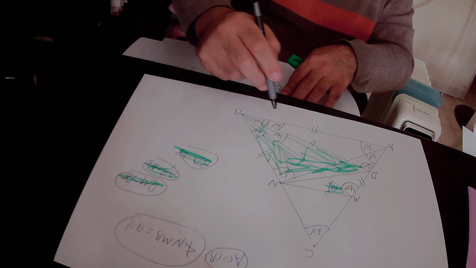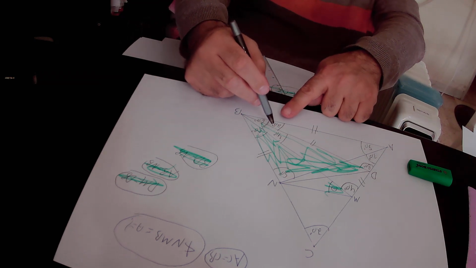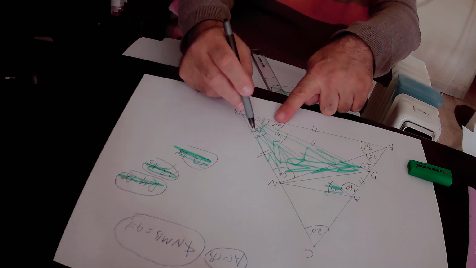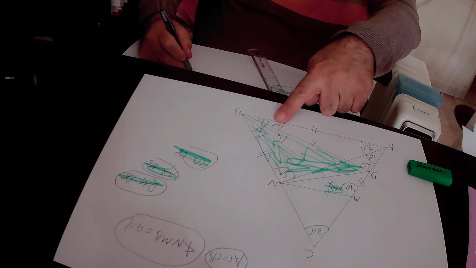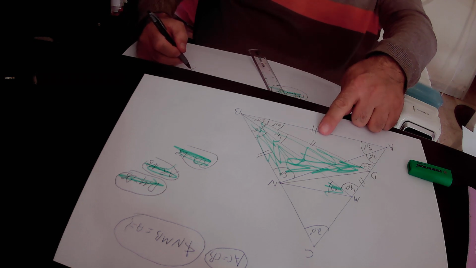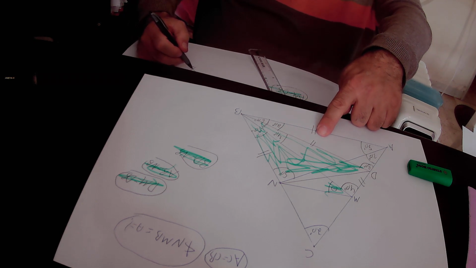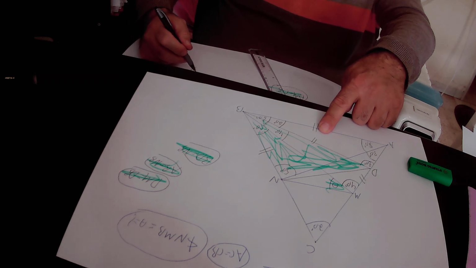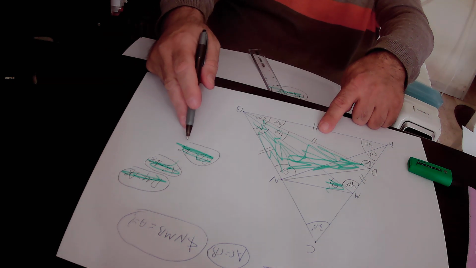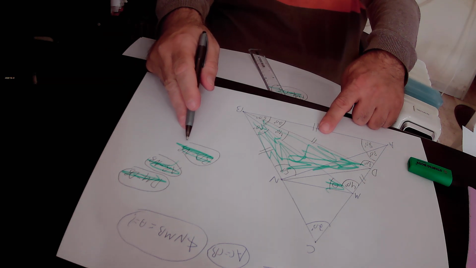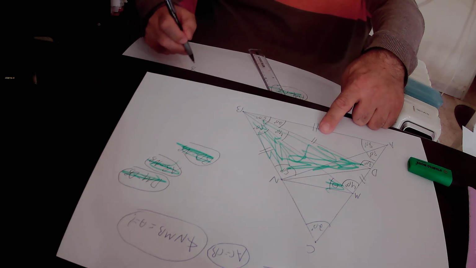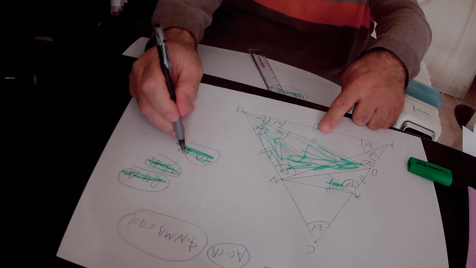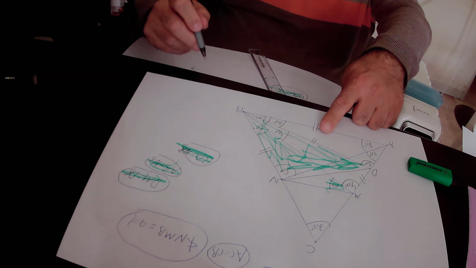Angle NBD equals 40 degrees plus 20 degrees, that is 60 degrees. And we have already found out that DB equals NB.